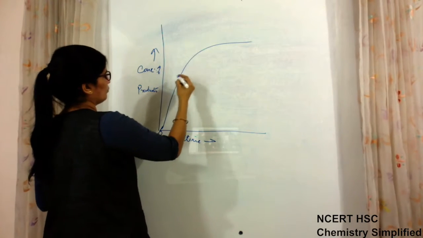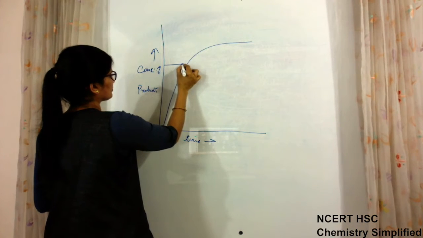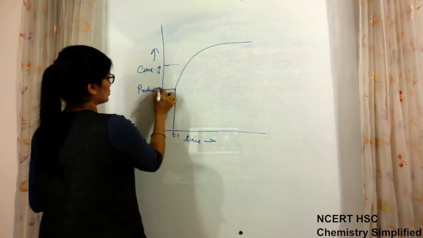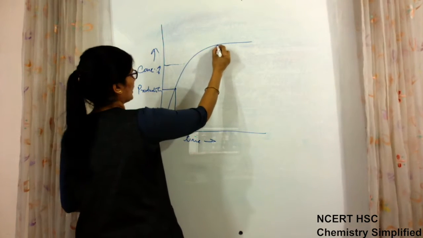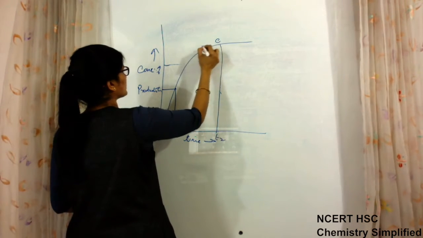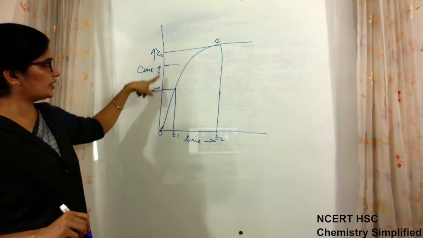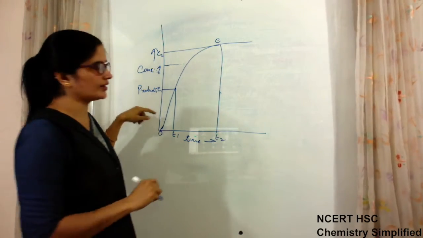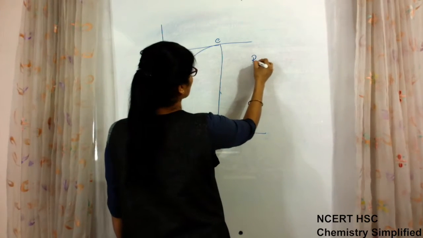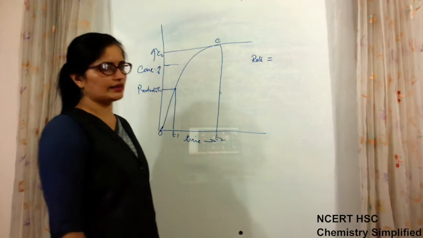So what will be here? Again the same thing. Suppose at time t1, the concentration is C1, this point. At time t2, the concentration becomes C2. Here C2 is more than C1. So again the rate will be equal to, now there is no negative sign, only a positive sign will be there.